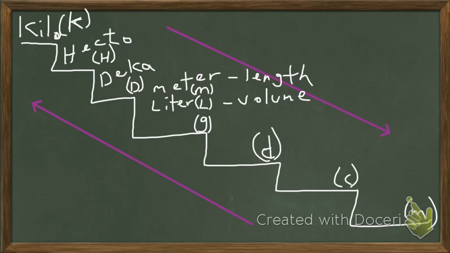Capital L, there's no confusing a capital L with a 1. You also will see lowercase cursive l, but officially it is capital L. If you see lowercase l with just the line, that's still okay, but it can cause problems.